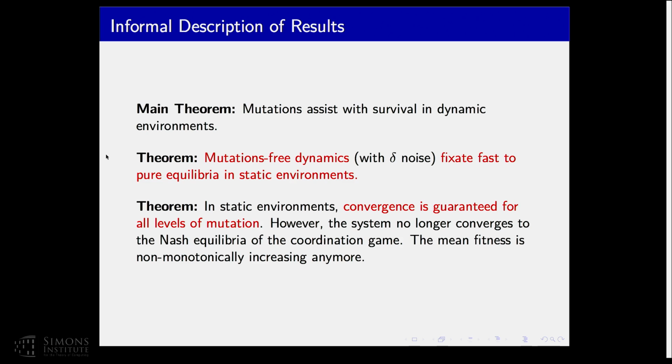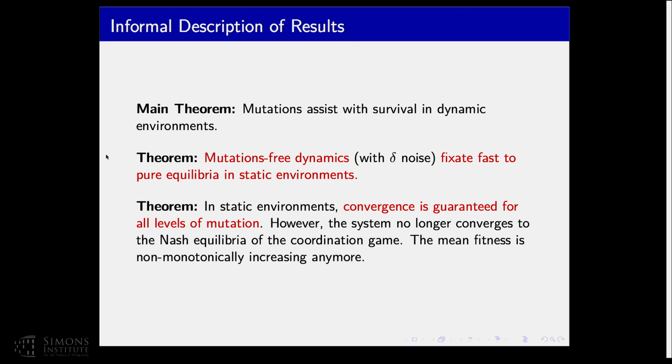First, we show that the mutation-free dynamics, in a fixed environment, fixate fast to the pure equilibria, okay? Furthermore, when we have mutations, we still have convergence in a static environment, no matter how high the mutation rate is, okay?